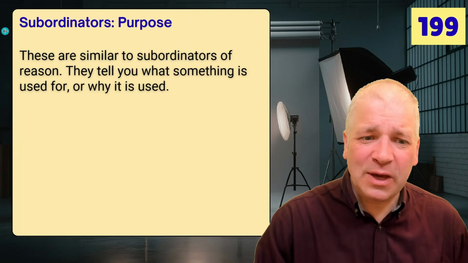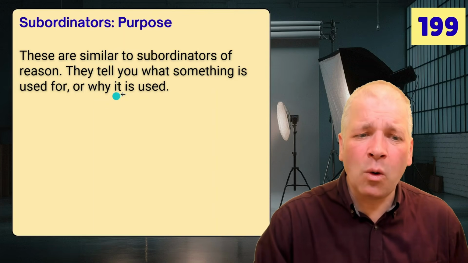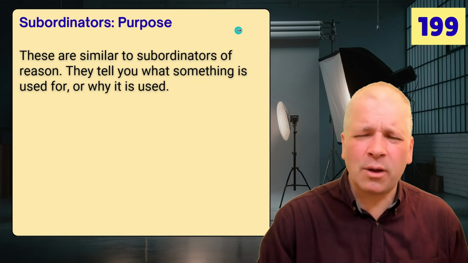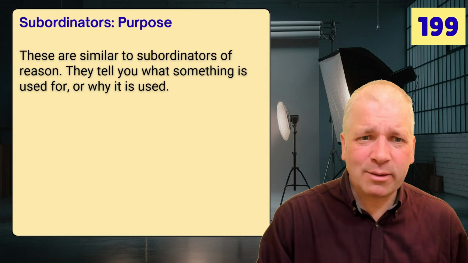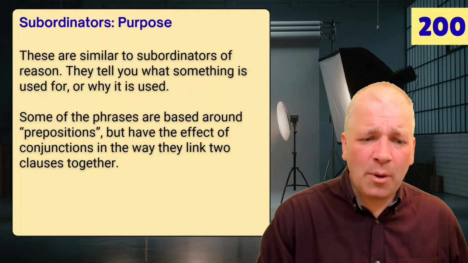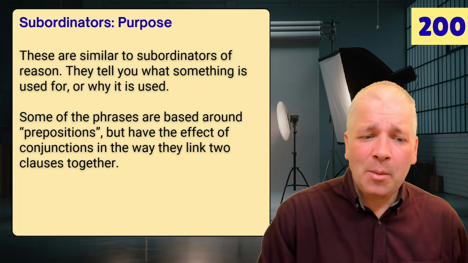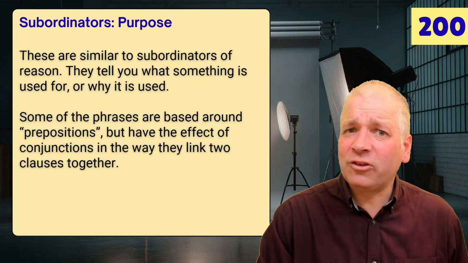Subordinators of purpose. These are similar to subordinators of reason, and they tell you what something is used for or why it is used. So there is a slight difference there to reason, but in practice, the end result is it's giving you the reason. Now, some of these are based around prepositions, but have the effect of conjunctions in the way they link two clauses together.